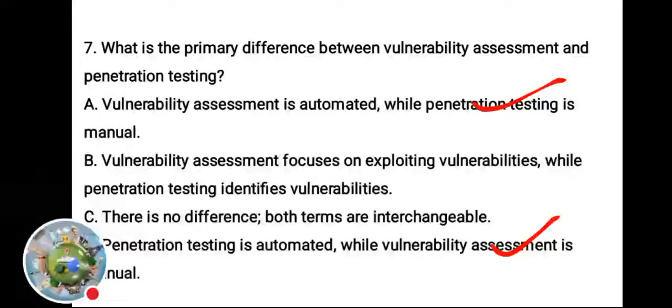But penetration testing has to be done by the security analyst manually, because after identifying the vulnerabilities, he has to exploit that vulnerability to identify the problems or issues. To overcome that, he will generate the patch softwares. So the answer will be A.